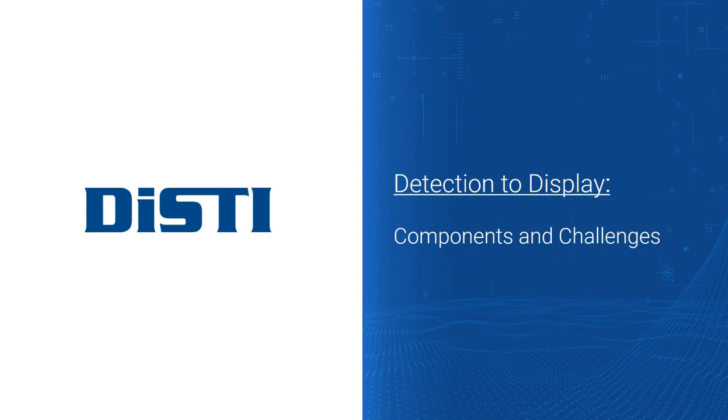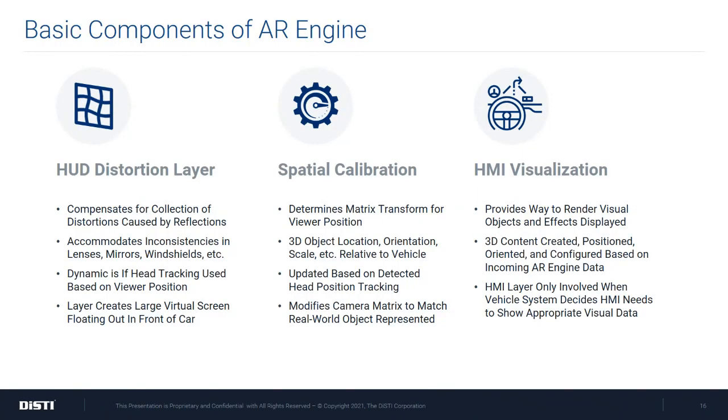So if we start to take a look at the different pieces of an AR engine, now this is rather subjective, but in general, there are three different components here from the visualization standpoint. You've got your HUD distortion layer, you've got your spatial calibration layer, and then of course you've got my favorite part, which is the HMI visualization.